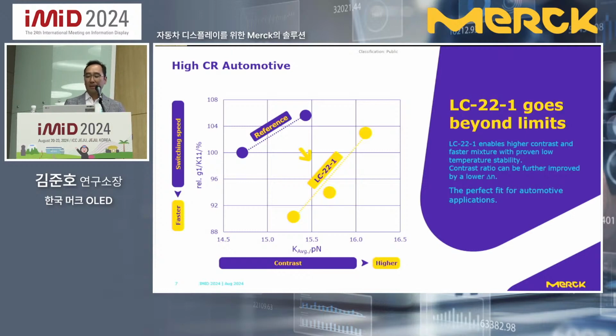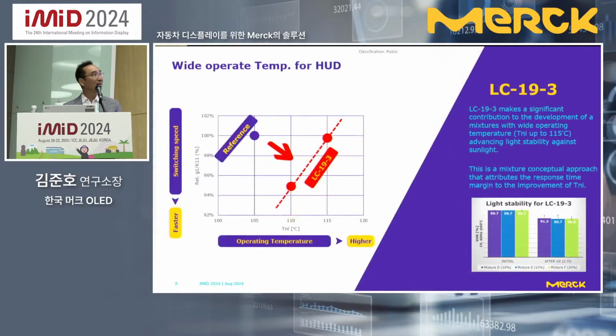Another example is LC19-3, our latest LC single. It gives you really high operating conditions.